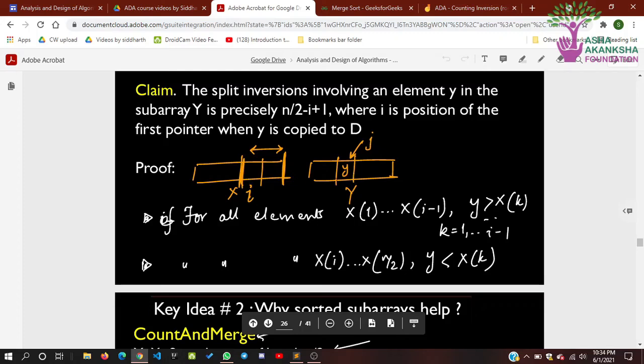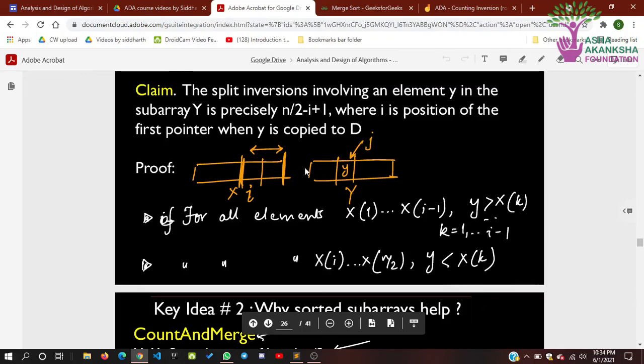We are comparing y to the element stored at the ith index, and suppose that y is smaller than this particular element. Now y is smaller than this element, which means that this element is greater than y. Now, as X was already sorted, the elements to the right will also be greater than this element, and this element was already greater than y.